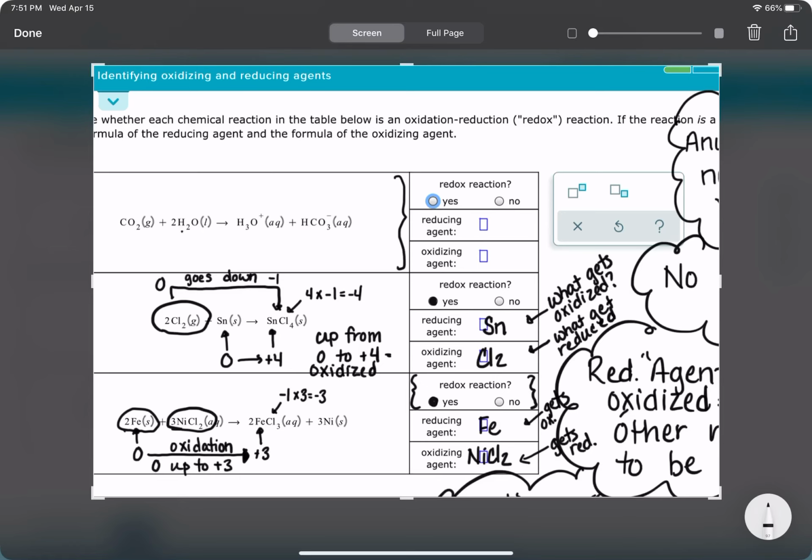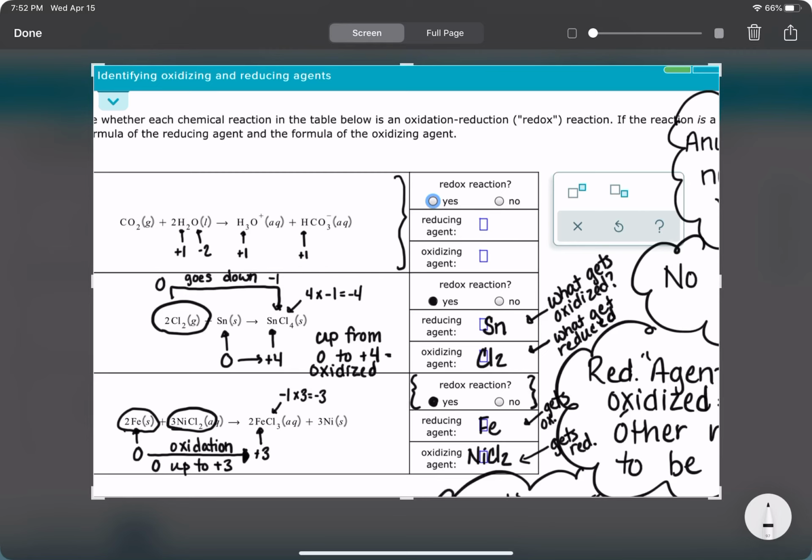Well, we have hydrogens in here, and unless it's all by itself or in some sort of weird thing like H-, unless it's in a weird situation, hydrogen is always +1. So we know that hydrogen is not changing. And we also have oxygens, and oxygen is another one that's consistent.